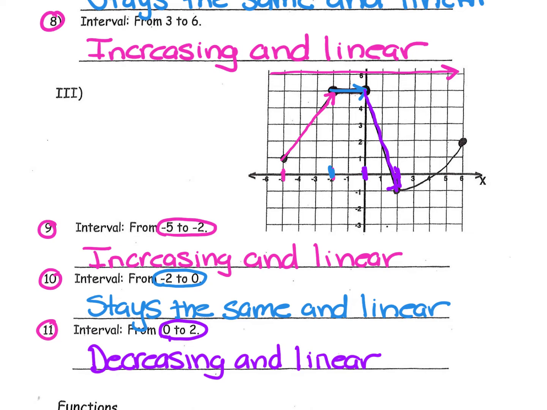Finally, although we're not asked to figure it out, take a look at this last section right here from left to right. It increases, and because it's curved, we would call it nonlinear. Pause the video if you need time to take down these notes, and when you're ready, turn the video back on and we'll look at the next page together.